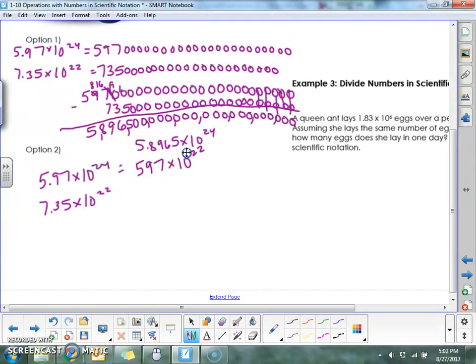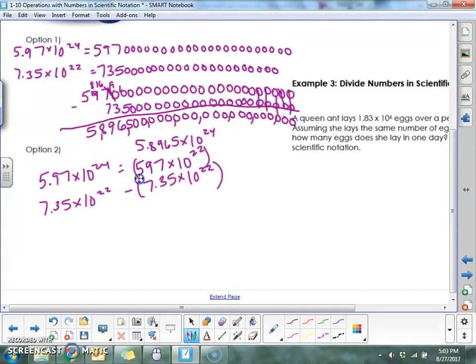So I basically got rid of 2 powers by adding on 2 more decimal places to my 5.97. Okay, so now I'm going to be subtracting 597 times 10 to the 22nd minus 7.35 times 10 to the 22nd.